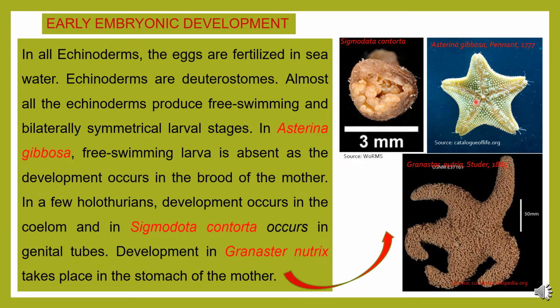In Asterina gibbosa, a free-swimming larva is absent as the development occurs in the brood of the mother. In a few holothurians, development occurs in the coelom, and in Sigmodota contorta it occurs in genital tubes. Development in Craniosternotrix takes place in the stomach of the mother.